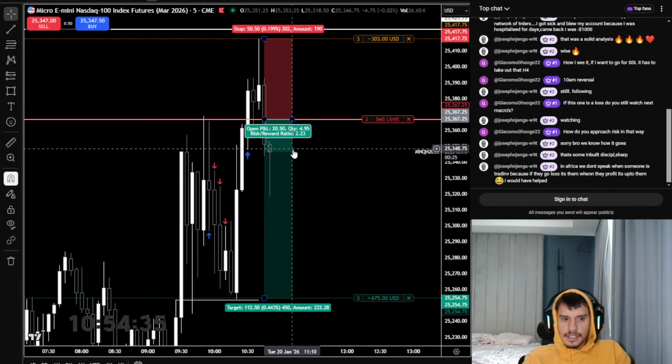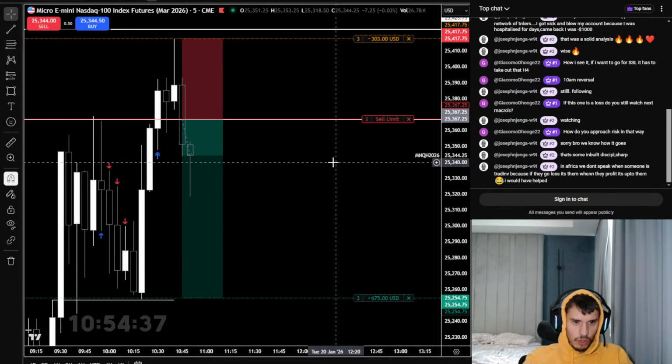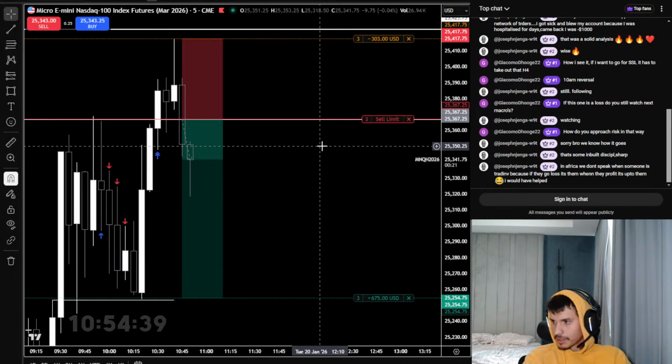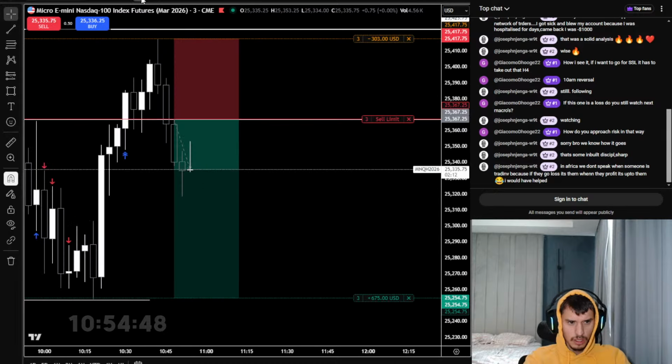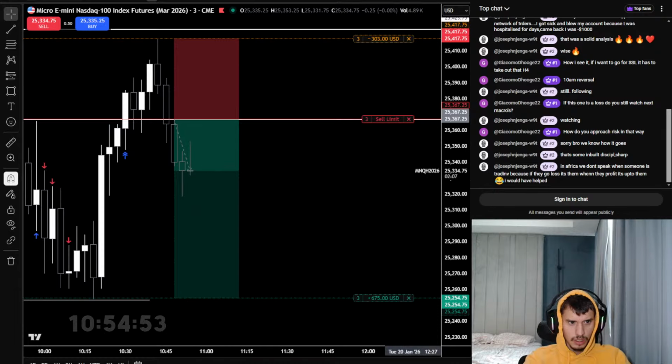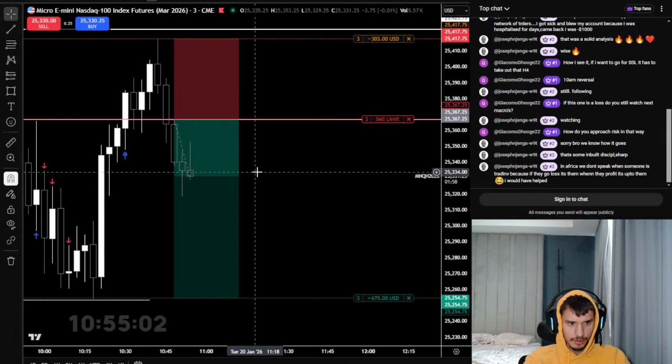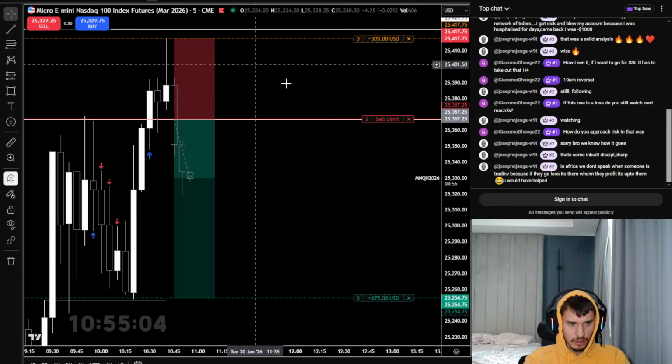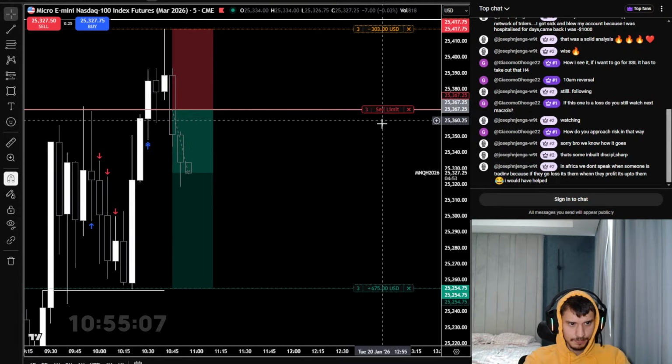What I'm counting on is this 5 minute gap remains open once we candle close in 20 seconds. We did get a 3 minute entry though. Or rather wait for the 5 minute though. There you go, 5 minute open.